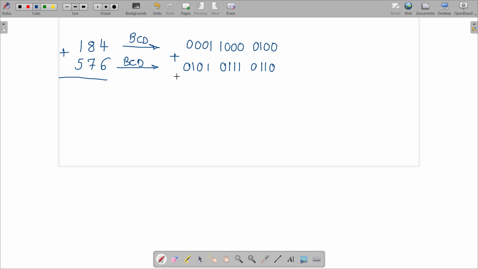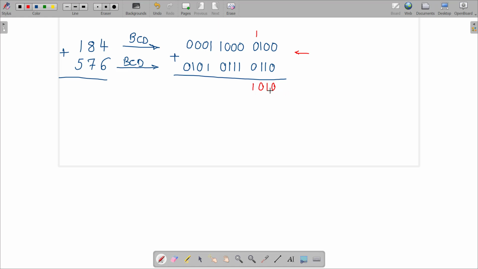Now, we want to add these codes together. Listen carefully. Again, we start from this side, like the normal addition that we do. 0 plus 0 is 0. 0 plus 1 is 1. 1 plus 1 is 2, which makes 0 and carry 1.